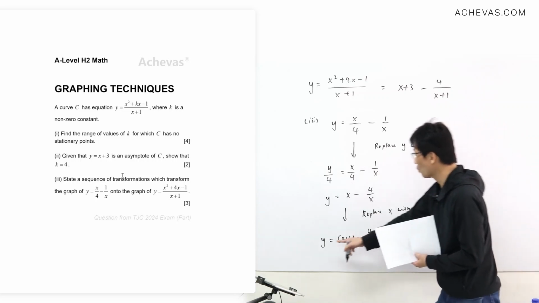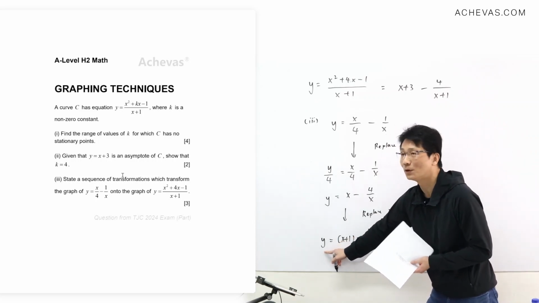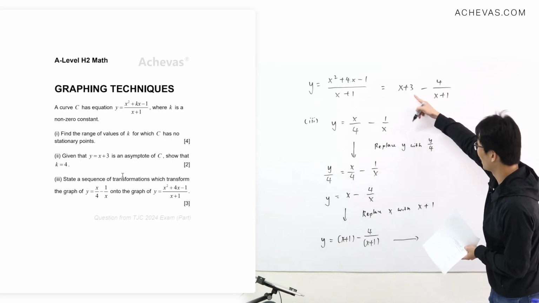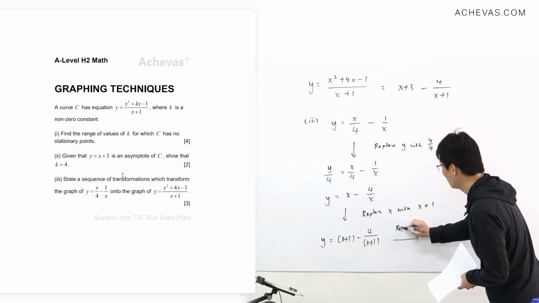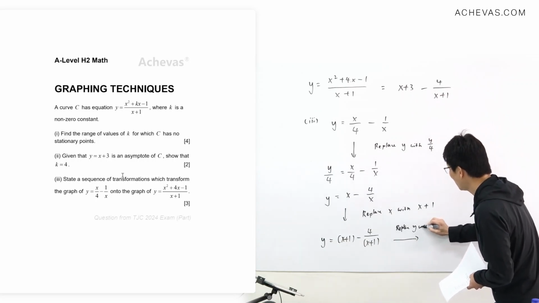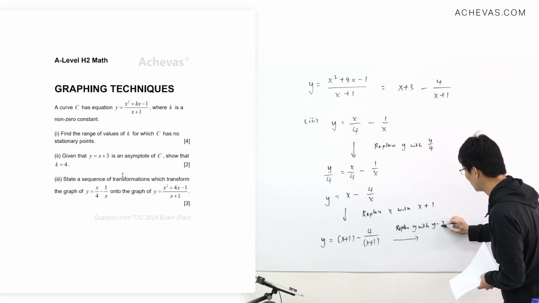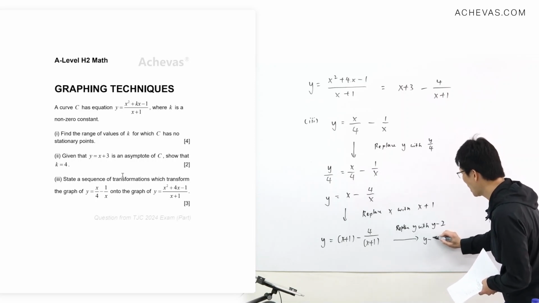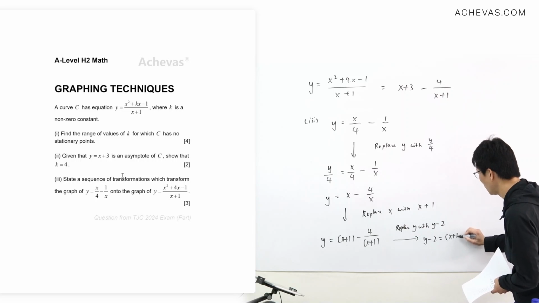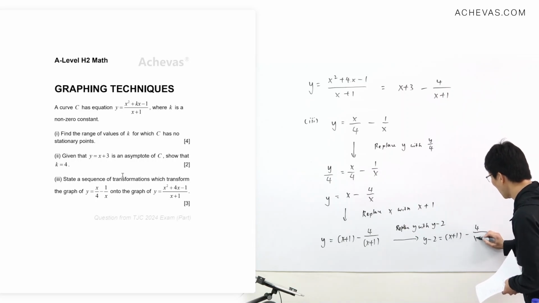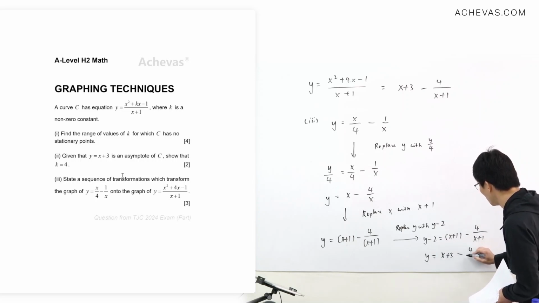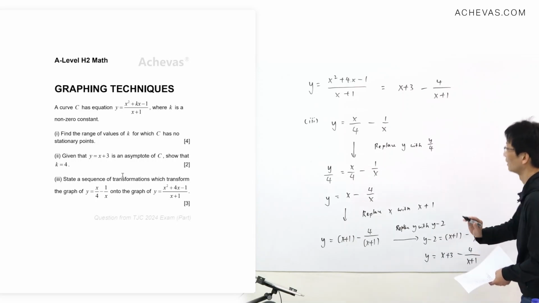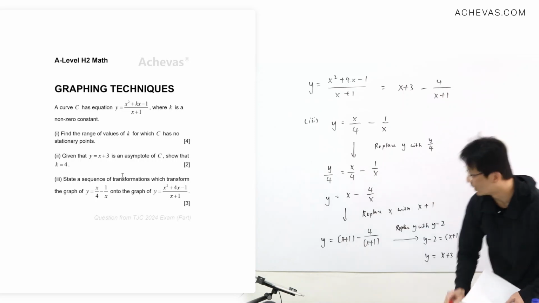By replacing y with y minus 2, when I shift it over to the right-hand side, I'll get x plus 3. So replace y with y minus 2, which will give me y minus 2 equals x plus 1 minus 4 over x plus 1. Shifting it over to the right-hand side, I will get this equation, which is what I want. Now we are done with the replacements.